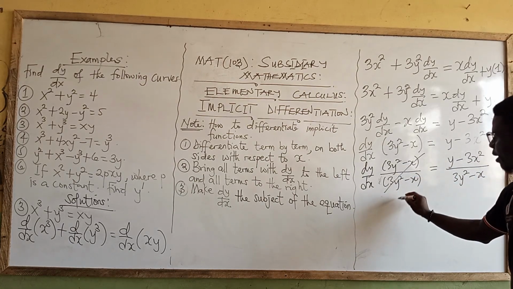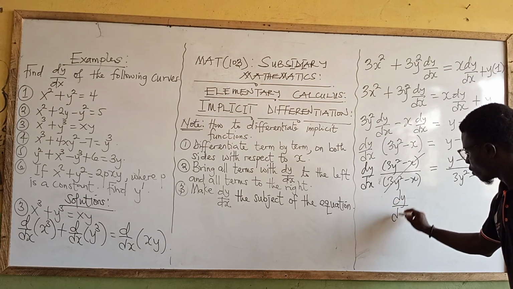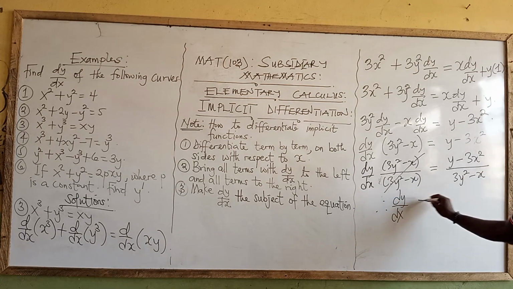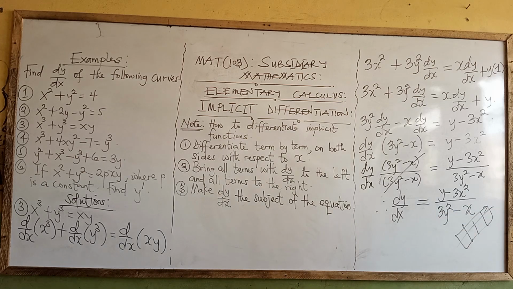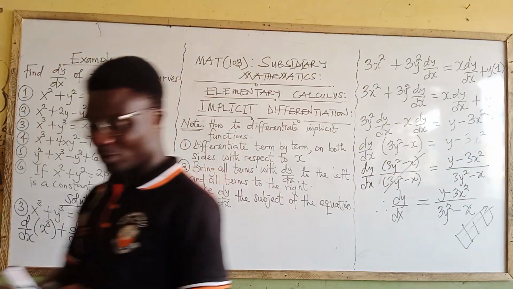Therefore dy over dx equals y minus 3x squared over 3y squared minus x, which is very simple and very trivial as well.